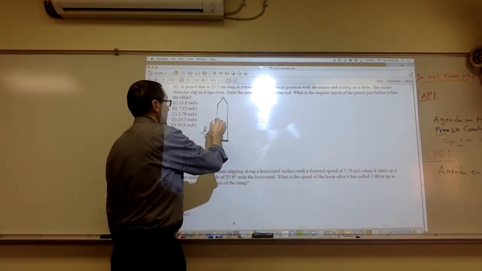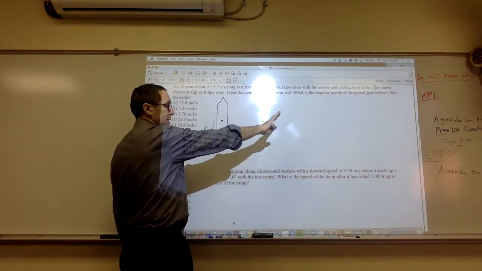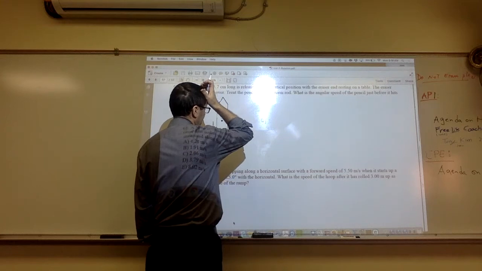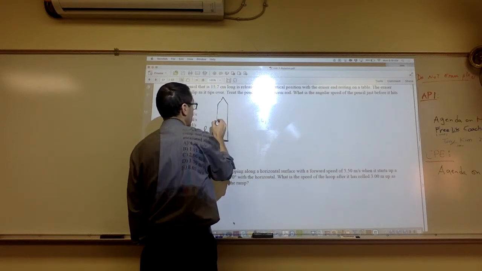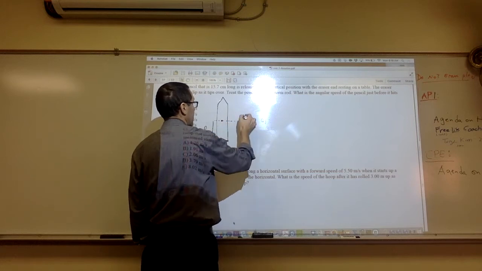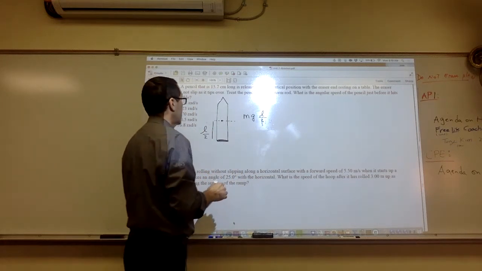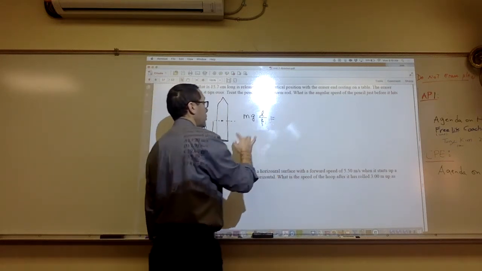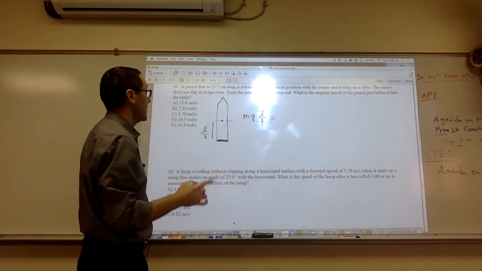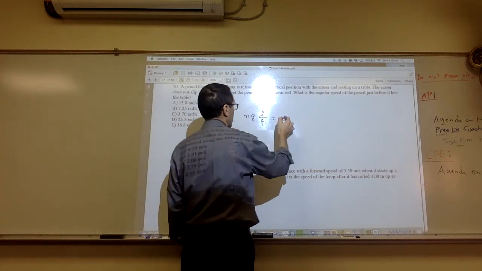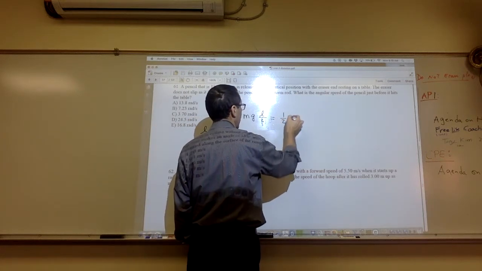Okay, so now there will be no translation here. This is not sliding. It's just going to tip and fall. So we're going to do energy here. So the gravitational potential energy of the pencil is measured with respect to the center of mass. So it's going to be the mass of the pencil, g, center of mass is L over 2 above the ground. And that's going to all change to rotational because at the end, the whole pencil will be on the ground. So it's going to be 1/2 I omega squared.